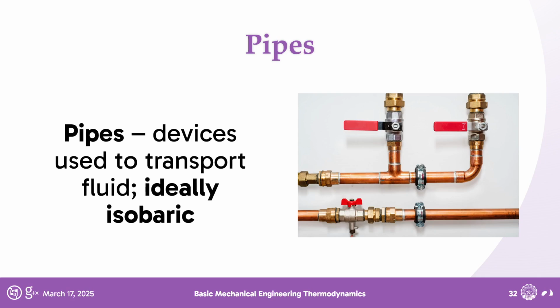I just said that pipes are devices used to transport fluid, any kind of fluid, may it be water, may it be any liquid or any gas. And in ideal operation, pipes are supposed to have constant pressure, AKA they're supposed to be isobaric.